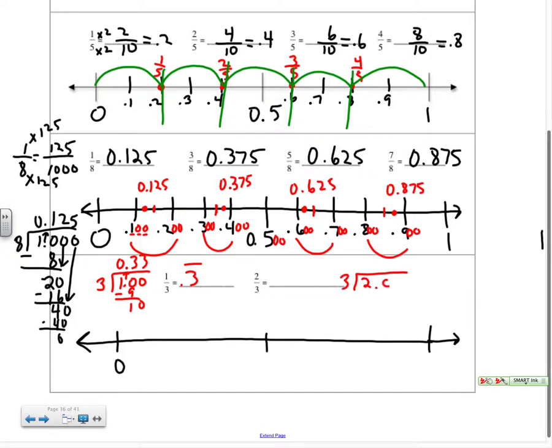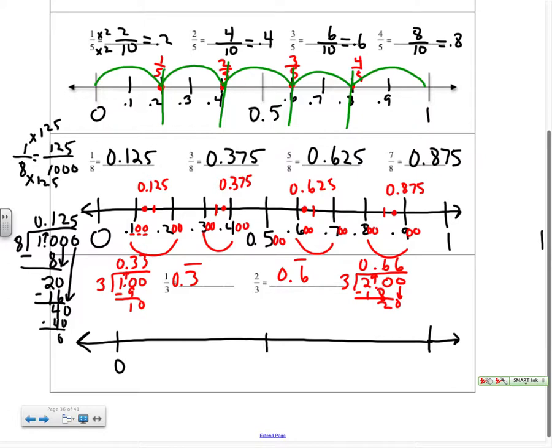2 divided by 3. 3 goes into 2 0 times, into 20 6 times and you get 18. Subtract and you get 2, and you can see that that 6 is going to repeat, so that's 0.6 that repeats. Now that should make sense. If 1/3 is 0.3 that repeats, 2/3 must be 0.6 that repeats.